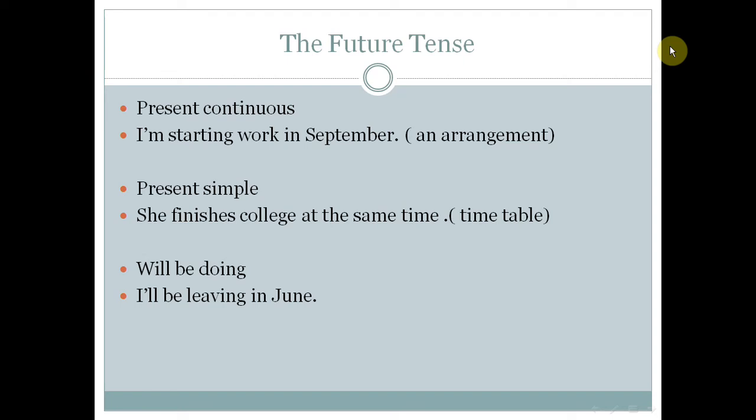So will is used here to express the future, followed with verb be in the infinitive, because any verb after will, shall, can, could should be in the infinitive, and to the main verb we add ing. So I'll be leaving in June.